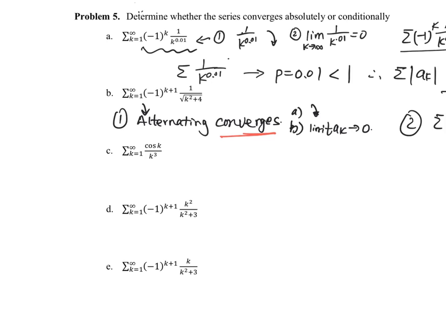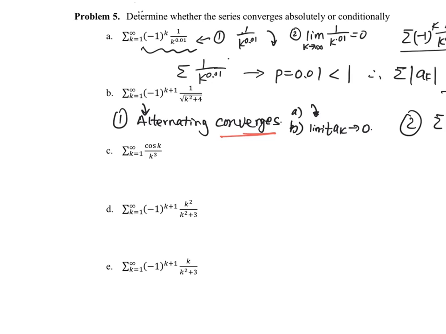This is a very good example because here, with this cosine k, in the previous two examples the signs of the terms were alternating. If one is positive, the next one is negative, and then the next one is positive again. So this may or may not be true here.